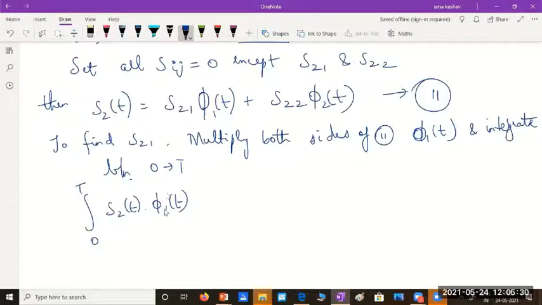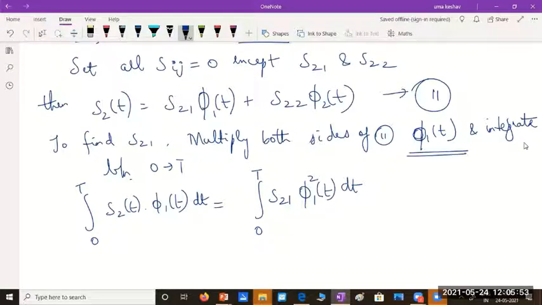S2 of t into phi 1 of t integrated. This becomes integral 0 to t S21 into phi 1 square of t. We are multiplying both sides of the equation with phi 1 of t and we are integrating between 0 to t.